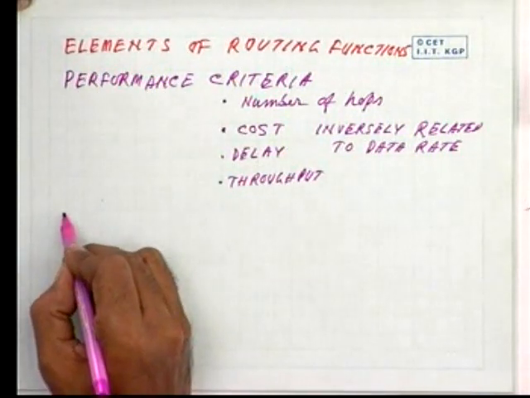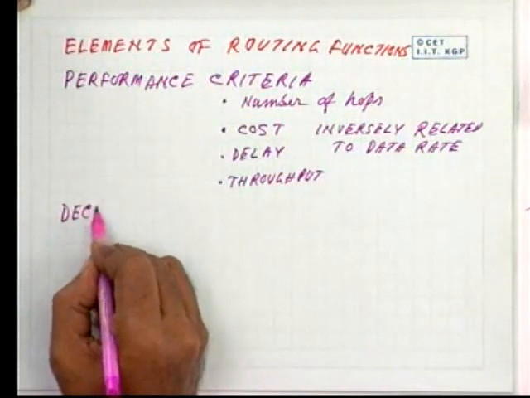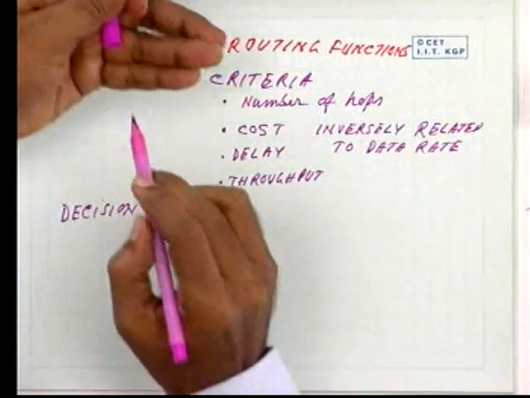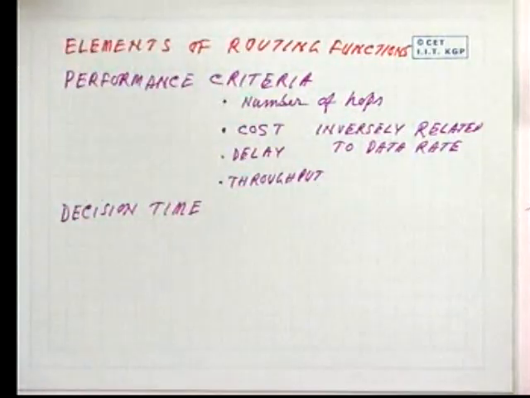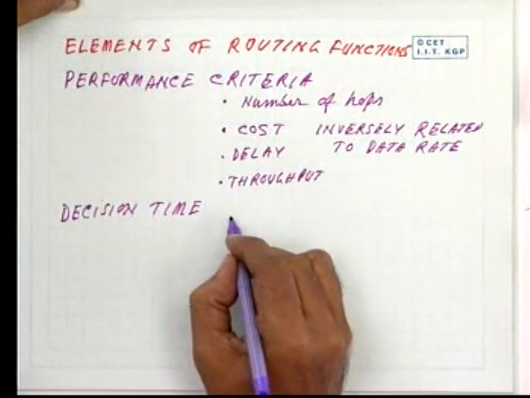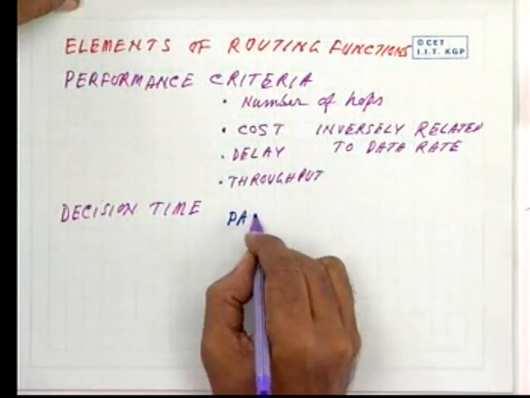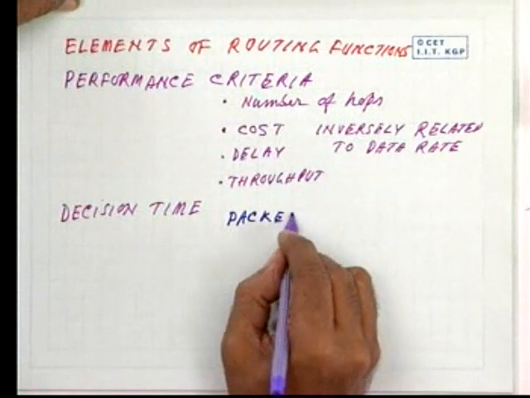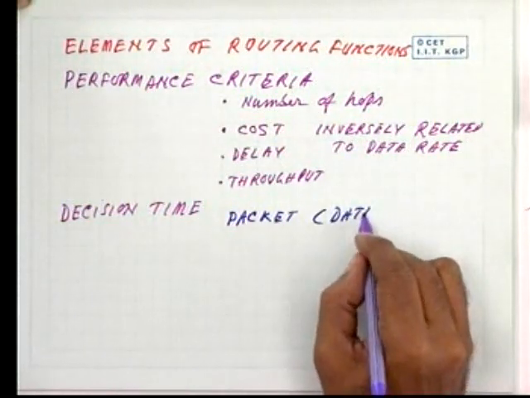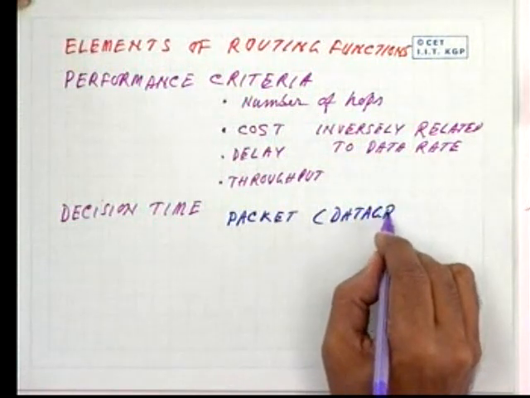Then comes the decision time. When the routing decision is taken, there are two alternatives. It can be per packet, which is true in the case of a datagram type of network, datagram type of service.